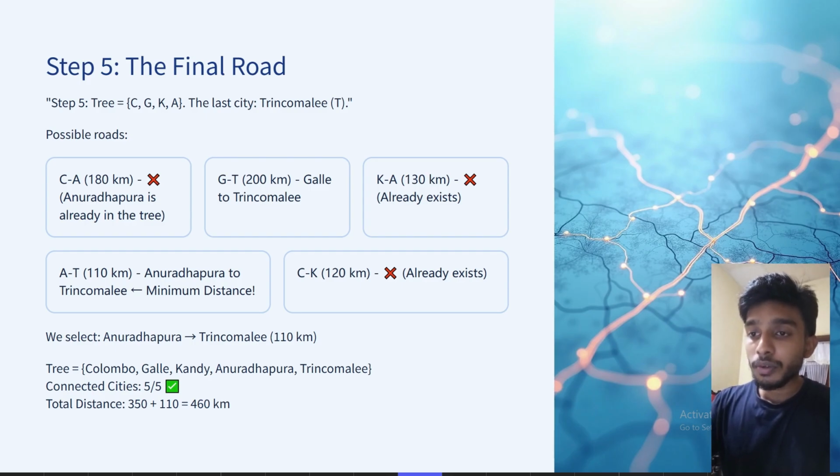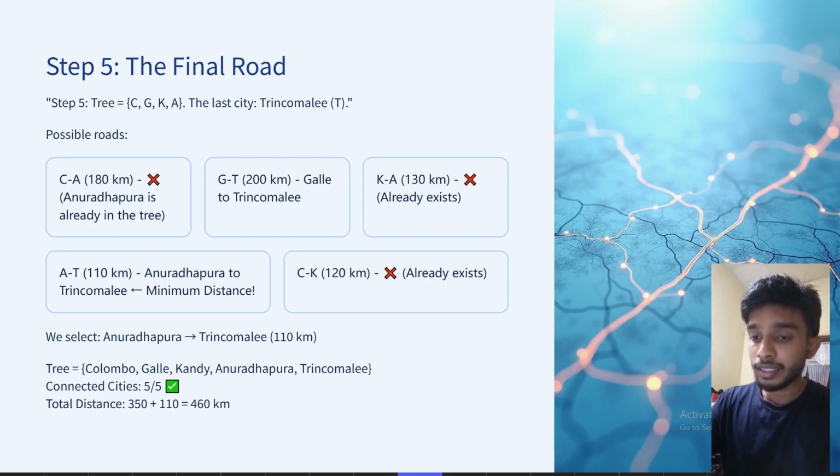Available roads from these cities: 5 roads available, but we can take only 2 road distances: Galle to Trincomalee and Anuradhapura to Trincomalee. We cannot take Colombo to Anuradhapura, Kandy to Anuradhapura and Colombo to Kandy because those cities already exist in the tree.